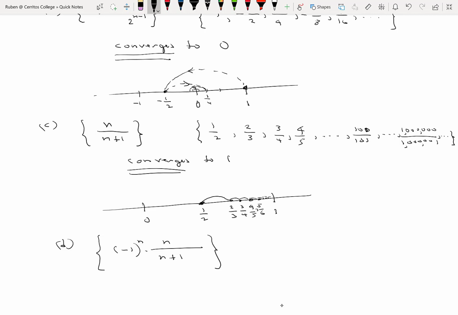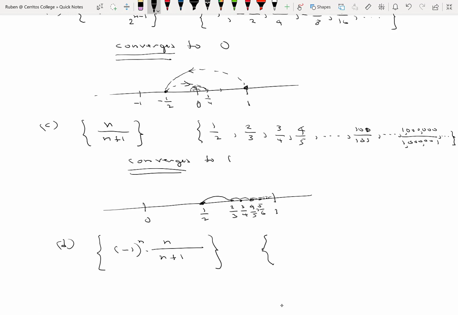So I'm making half of the terms negative and half positive. More specifically, I'm making the terms alternate between negative and positive. So when n equals 1, I have -1/2. N equals 2, I have +2/3, then -3/4, then +4/5, etc.